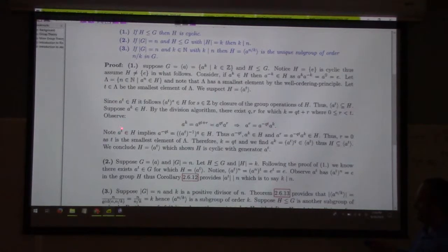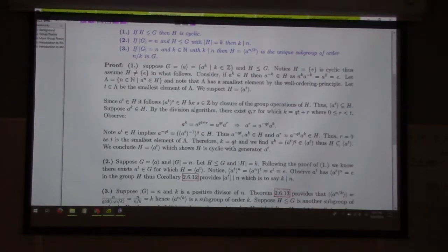But what else do we know? a to the t is in H implies that what? a to the minus qt, which is this, is also in H. Thus, that and that are all in H. If this is in H and that is in H, the product is in H, that means that a to the r is in H.